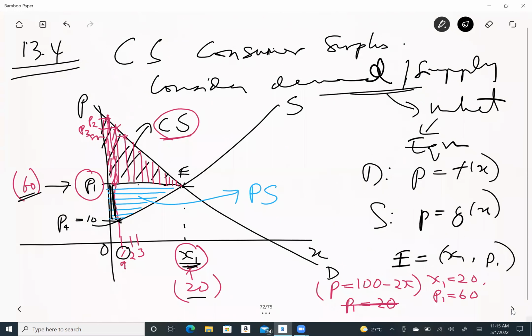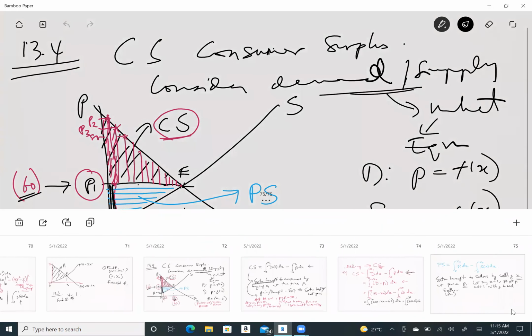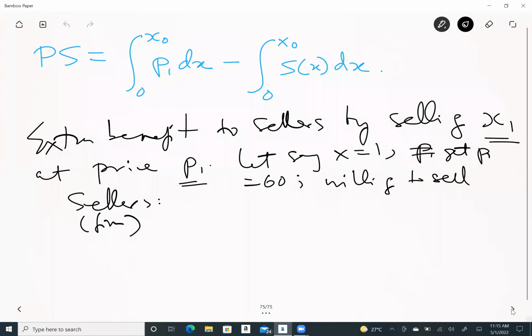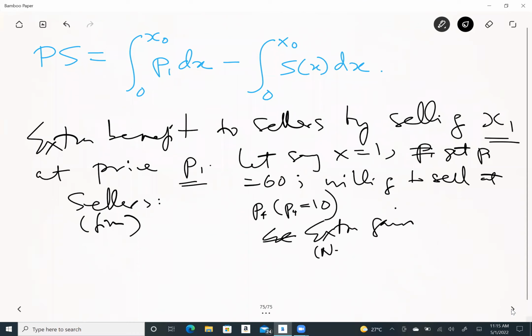I'm willing to sell it at P4, and say P4 equal to 10. So the extra gain, or the net gain, to the firm is equal to 60 minus 10, or P1 minus P4, equal to 50. So that is my net gain.